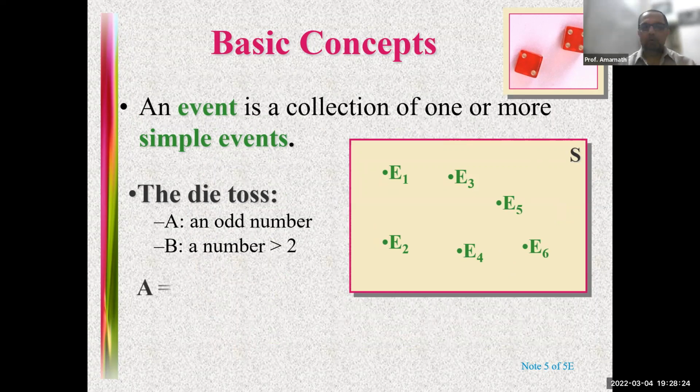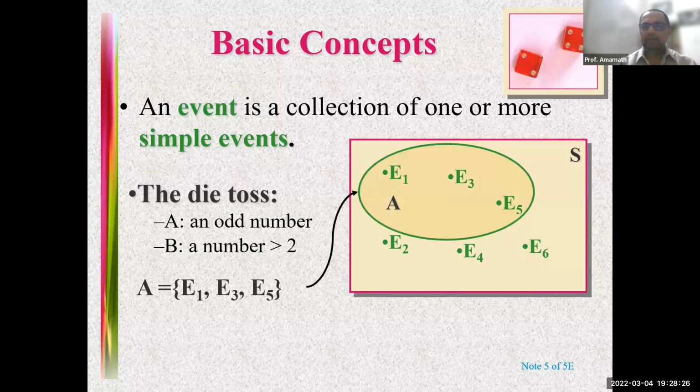As I told you, if I say only an odd number, I can put a boundary around it. This is some kind of Venn diagram. Remember your set theory: you used to group things, and there was some intersection. All odd numbers are grouped one way.